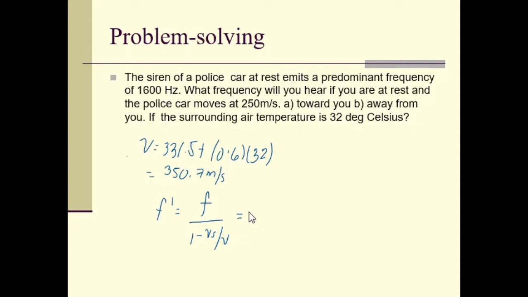The frequency emitted by the police car is 1600 Hz divided by 1 minus the velocity of the source, which is 250 meters per second, divided by the velocity of sound, which is 350.7.